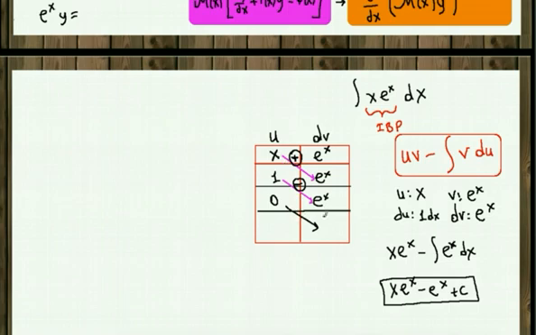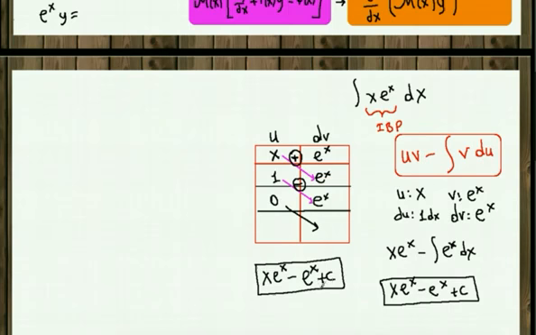Now, x times e to the x, plus, we have negative sign here, so 1 times e to the x plus c. As you can see, the tabular method is fast and more practical.